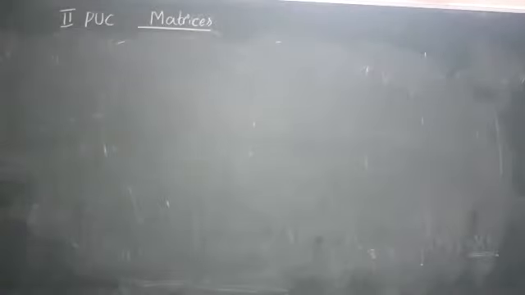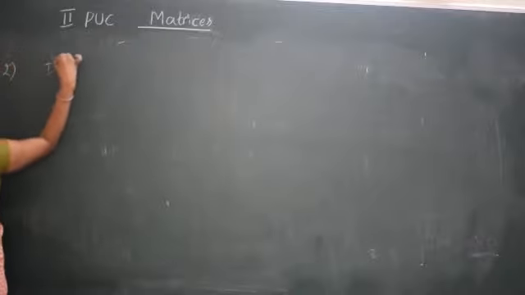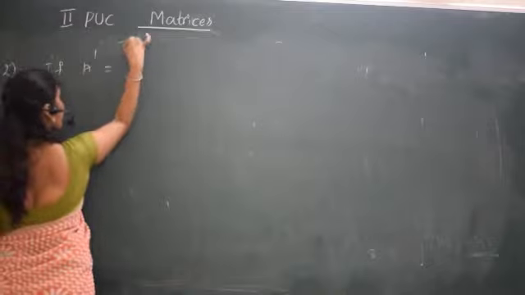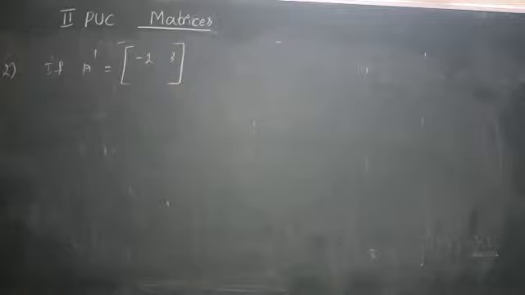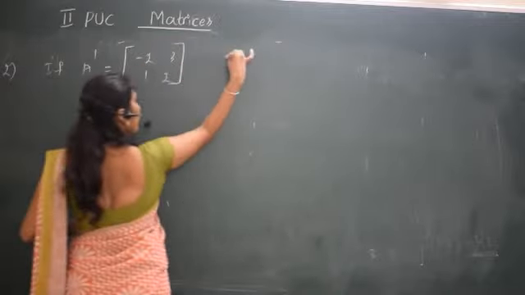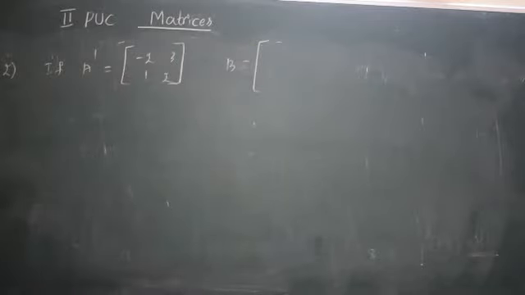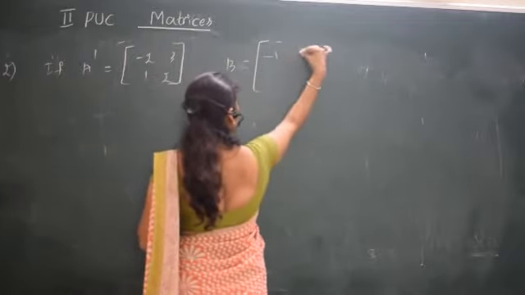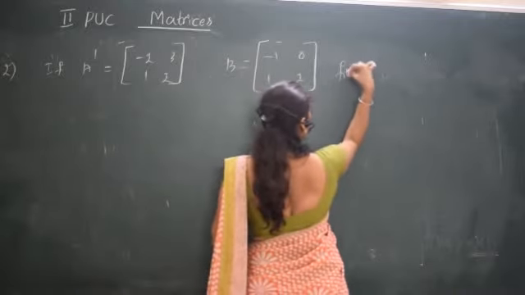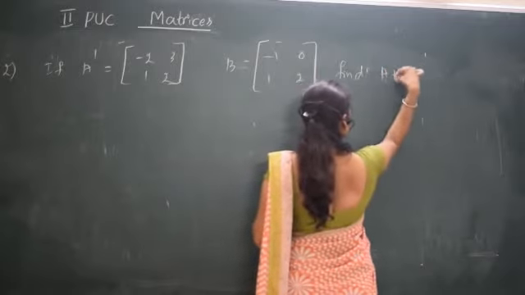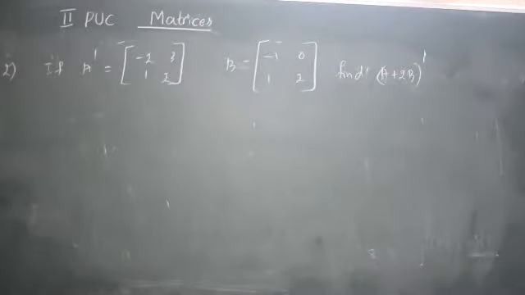So if A transpose is equal to the matrix minus 2, 3, and 1, 2, and B is equal to the matrix minus 1, 0, 1, 2, find (A plus 2B) whole transpose.